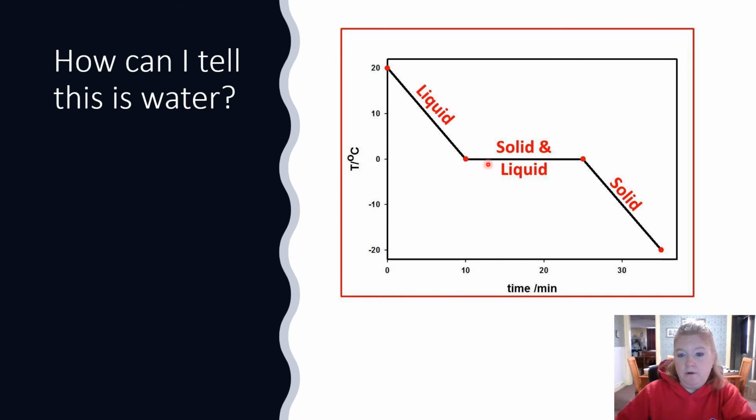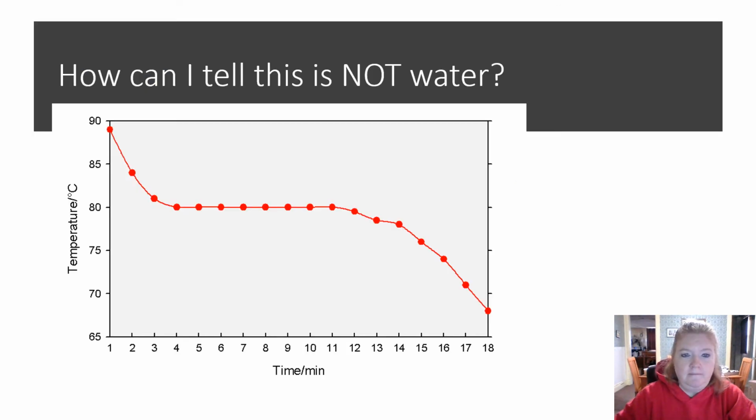Well, if I go across on this flat part where I know it's between a solid and a liquid, it's at 0, and that is, in fact, the freezing point or melting point of water. How can I tell this is not water? Well, I look at where it's flat and I go across and it says 80 degrees Celsius. That is neither the boiling point nor the freezing point of water, so this is definitely not water.